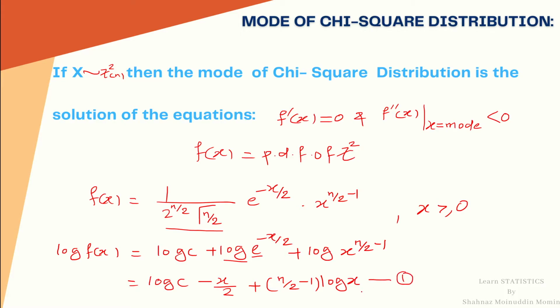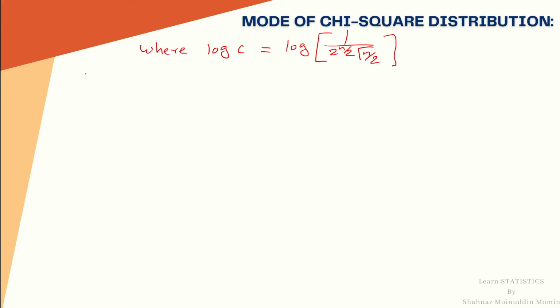Now we differentiate equation 1 with respect to x. We get 1 upon f(x) into f dash x, the derivative of log c is 0, minus 1 upon 2 into 1, plus n upon 2 minus 1 into the derivative of log x, which is 1 upon x.